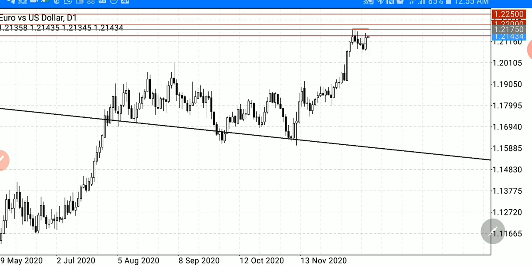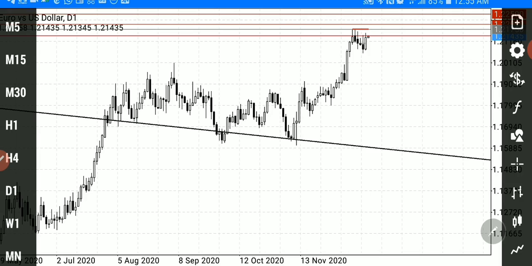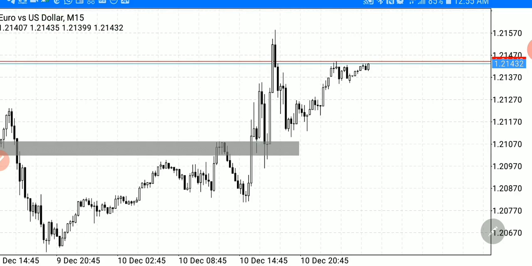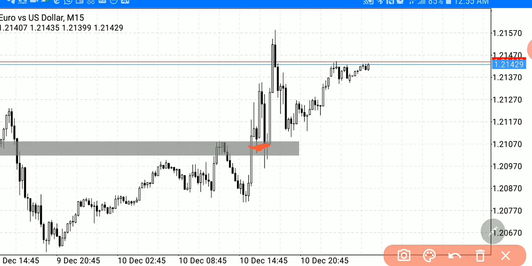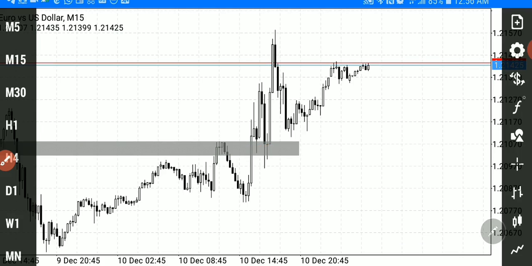Well, what happened around 2:30 GMT plus 1? There was a release of news around this region, 2:30, which gave birth to the boost in the candles, in the daily candle here.